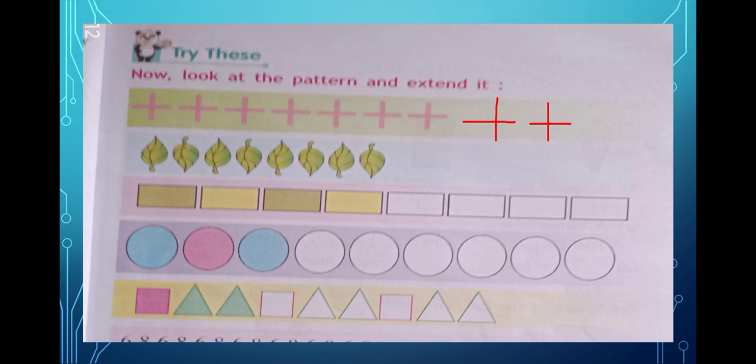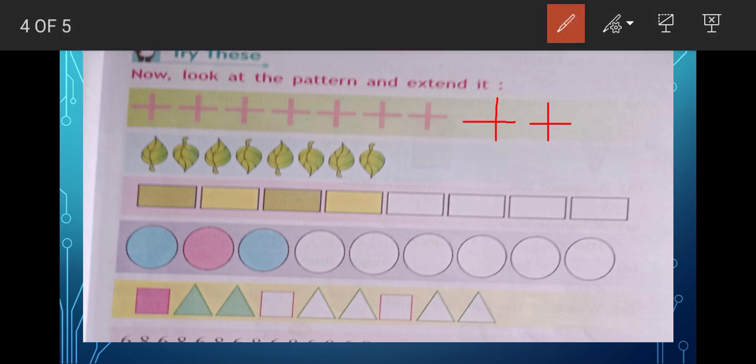I'll try to draw once more. Since this one is downwards, now we have to make this one upwards. The stem will be here, then like this. Then the next one also, the stem will be up, then the leaf will be like this. So you draw it nicely, children.